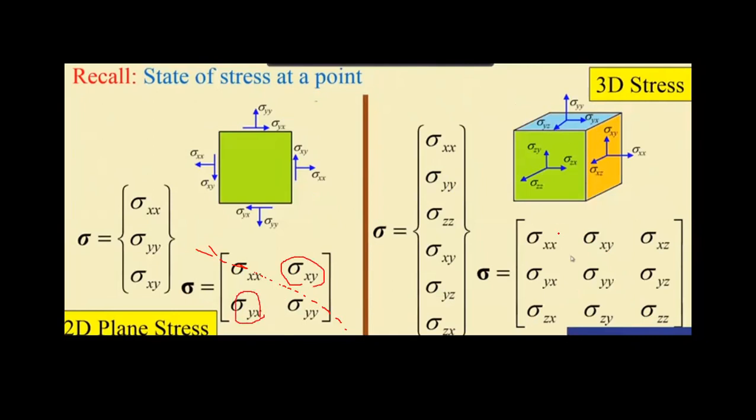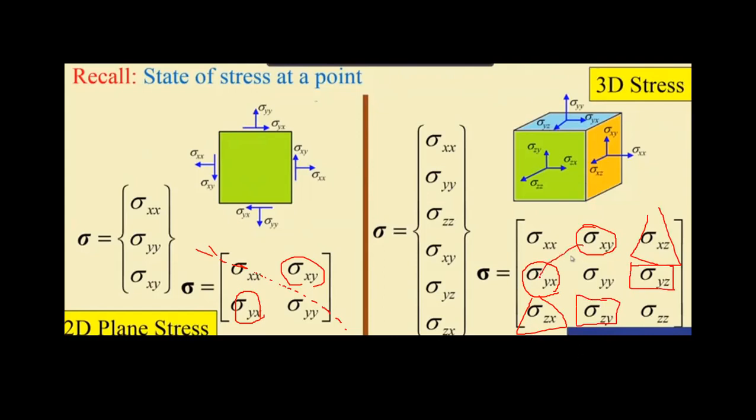And if it is 3D, 9 components are there, but a couple of them are equal with each other. So for instance, this is equal to sigma yx, this is equal to sigma xz, and this is equal to sigma yz, right?